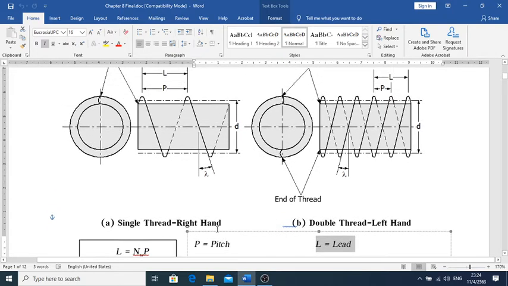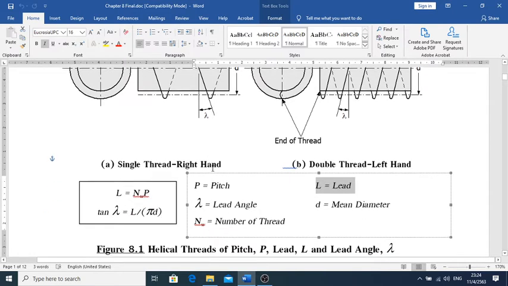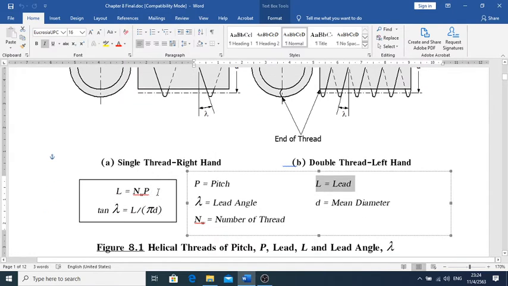And the pitch is the distance from one thread to another thread. Typically it shows like that.